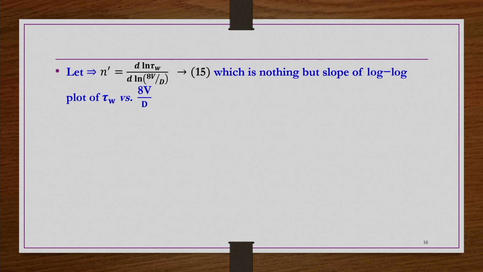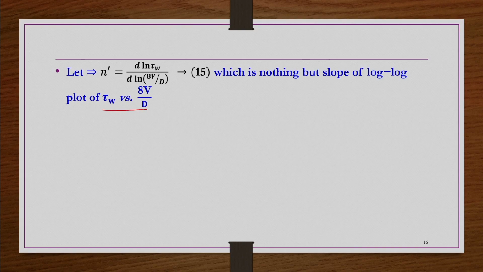Now, further, whatever d ln tau w by d ln(8V/D) is there, we take it as n prime, which is nothing but the slope of the tau w versus 8V/D plot on a log-log graph sheet. On a log-log graph sheet, if you plot tau w versus 8V/D, whatever slope is there, that slope we are taking as n prime.